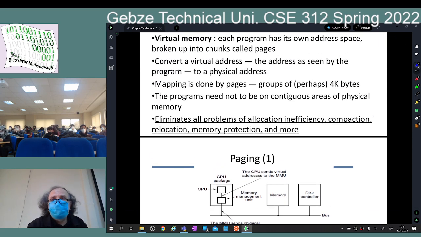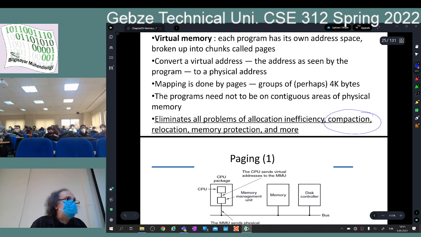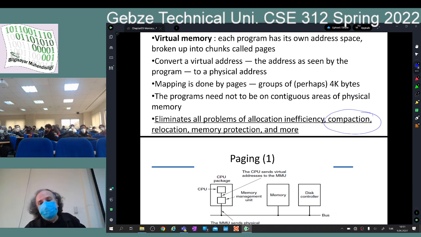Why don't we have the compaction problem? What is compaction again? Remember, compaction is to eliminate external fragmentation. External fragmentation is caused by loading my programs in my physical memory, and there are small gaps between the programs, and I can't use them because my programs need contiguously allocated memory.